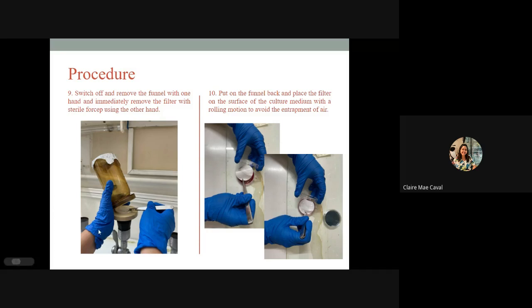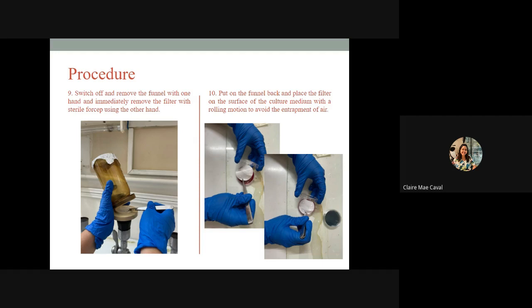So after removing the membrane filter from the funnel, you place it on the surface of the culture medium. So Indo agar for total coliform, and this one FC agar for fecal coliform. You put it on the surface of the culture medium with a rolling motion to avoid the entrapment of air. So this is how you place it. This is also another challenging step.